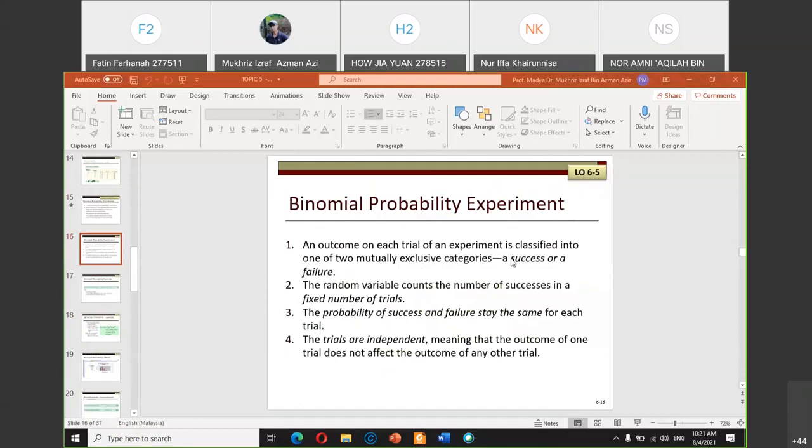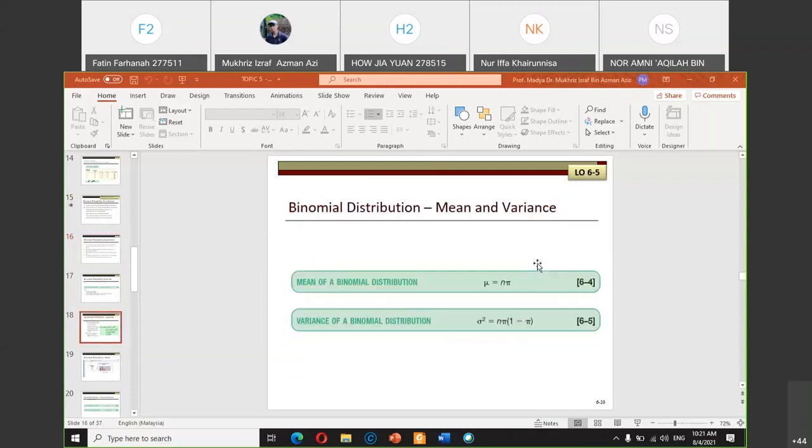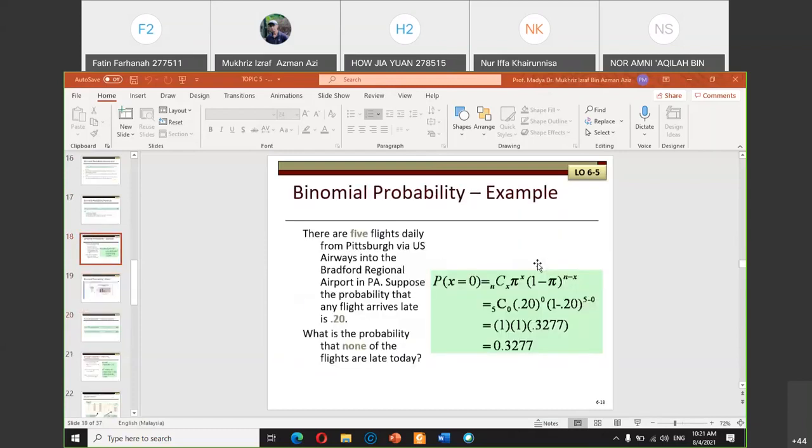The word success, as I mentioned, does not mean that it must be a positive or good thing. It refers to the event that you are looking for, in terms of your objective for that particular experiment. That will be the event of success. So in this example, any flight arriving late is the probability of success, because this is what you are referring to as the main event.